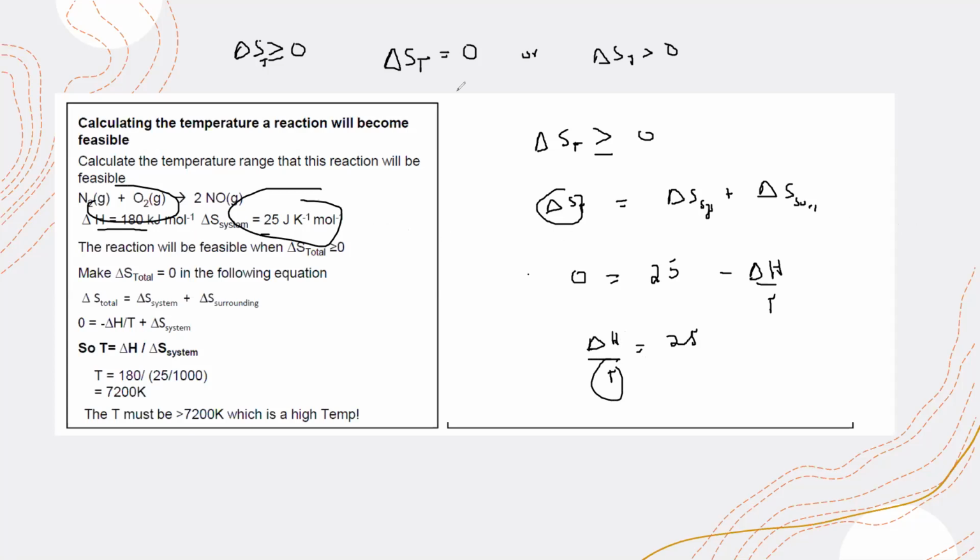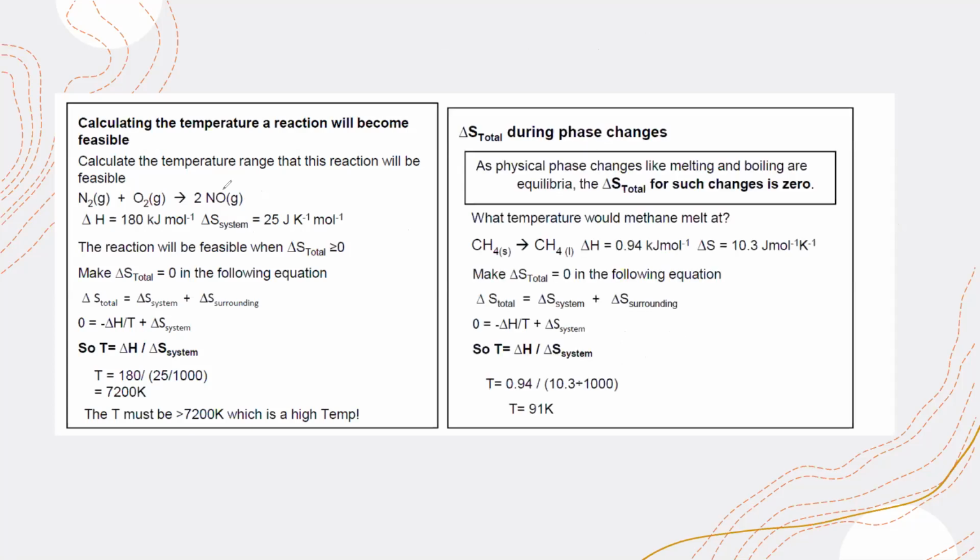In the question, you can see it's written kilojoule, and here the entropy was in joule. That's why this delta H, 180, is actually 180 times 10 to the power 3. All should be in the same unit, so you have to keep that in mind. When you substitute, you will find about 7,200 Kelvin is the temperature at which this reaction will occur.